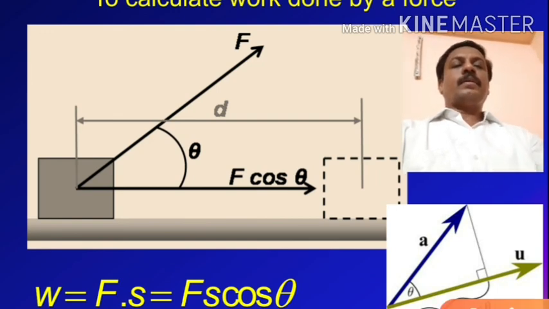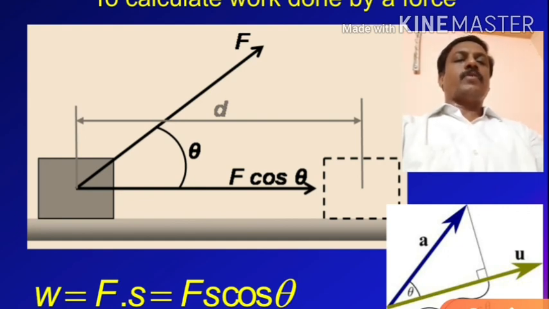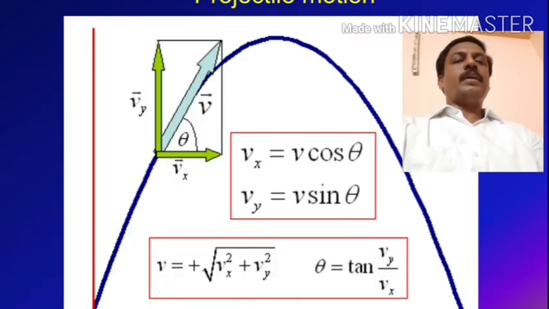Actually it is the product of displacement and the component of force in the direction of displacement, that is F cos theta. So W is equal to F s cos theta. So here also we get a trigonometric function. In this way, in physics these trigonometric functions are very helpful.